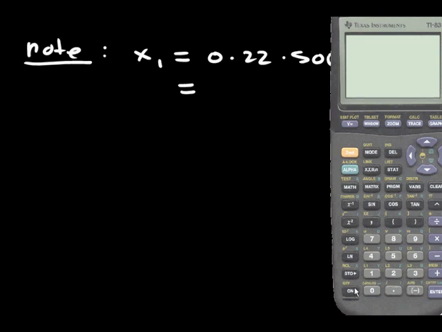So 0.22 times 500 gives us 110. In group 1, there were 110 successes.